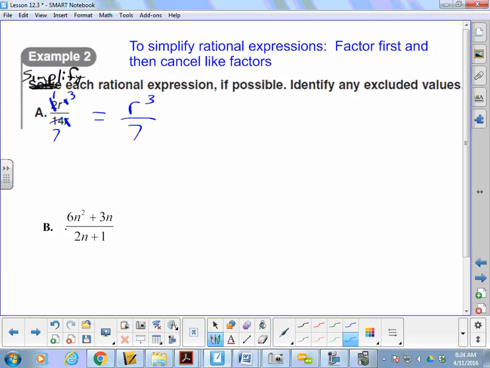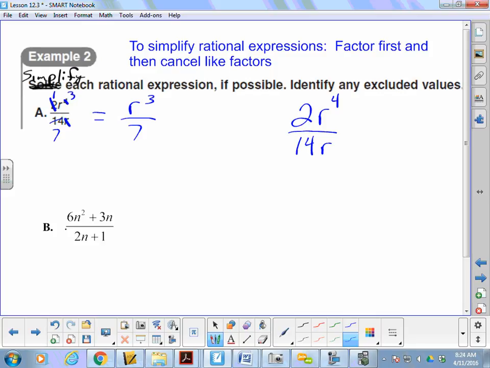So are there any excluded values in this situation? There's no r in the denominator now, is there? Right. But it's not about where I end up, it's about where I came from. Were there any r's in the denominator to start with? Yes, there were. So what value can r not be? Here's my original again: 2r to the 4th over 14r.